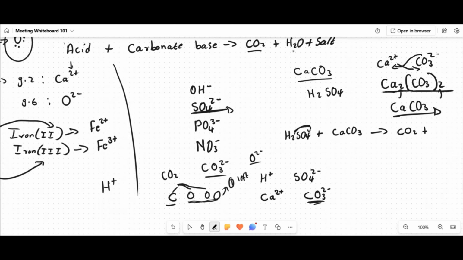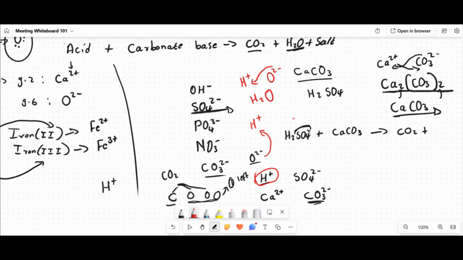We form carbon dioxide. Now we need water. You have this hydrogen, which is H plus. When you add H plus and O2 minus, this 2 is coming to bond there, and then you have H2, and then oxygen will be left alone, and then that is H2O. So you have H2O right there.